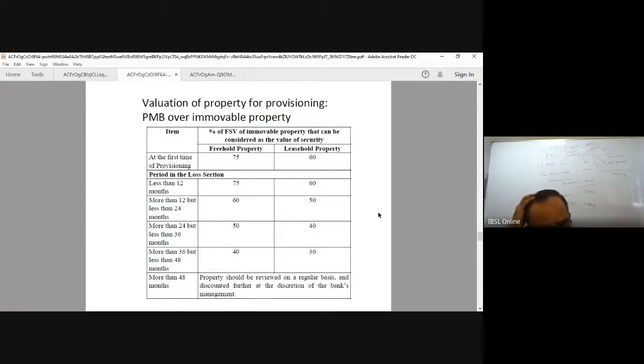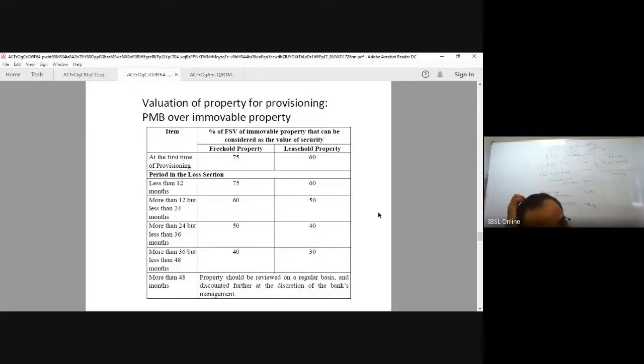Then leasehold properties are for a period, right? It is for a period only. So you have a risk. You can't hold on to that eternally. Say somebody has a 30-year lease, now 20 years gone. There's only 10 years left, right?